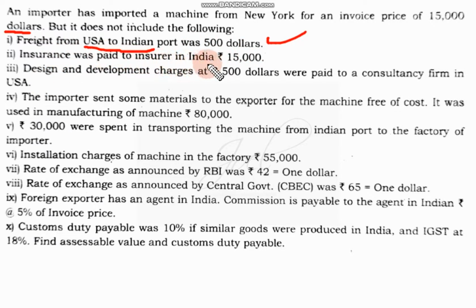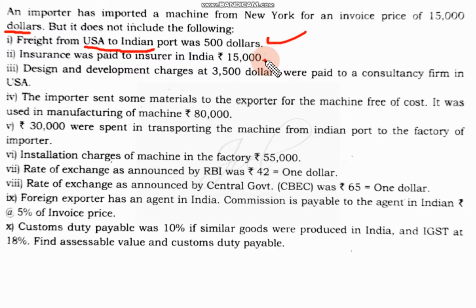Insurance was paid to the insurer in India, $15,000. Now we have to find out which kind of insurance it is. If it is insurance in India, then we are not supposed to consider it. If that insurance is related to foreign countries transportation, then we have to consider it.